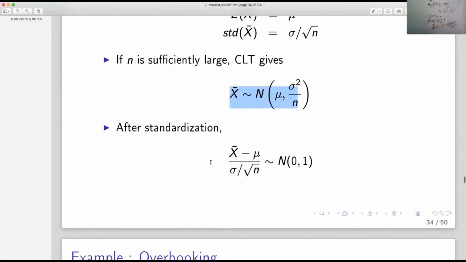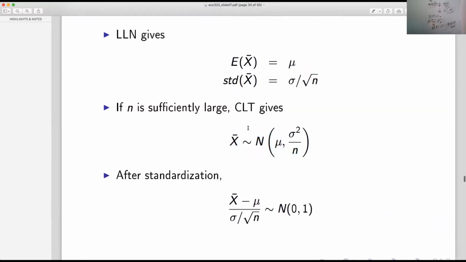If we have a large sample size, X bar will follow a normal distribution with a mean of mu and variance of sigma squared over n. We have n here. Previously, it was just sigma squared, right? We learned this a couple slides ago: variance of X bar equals sigma squared over n.